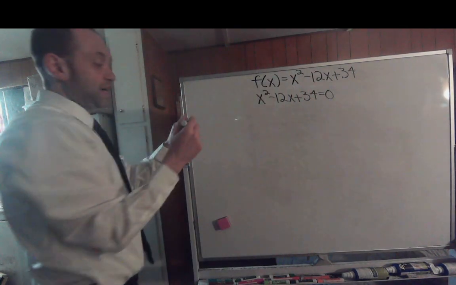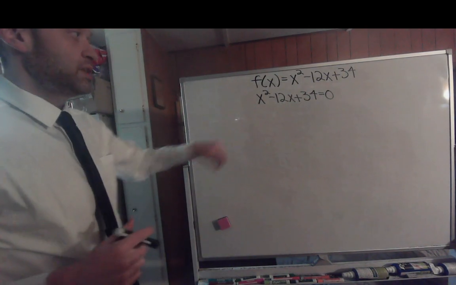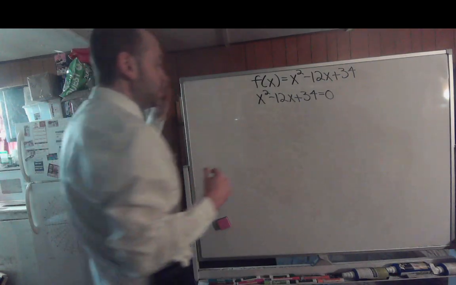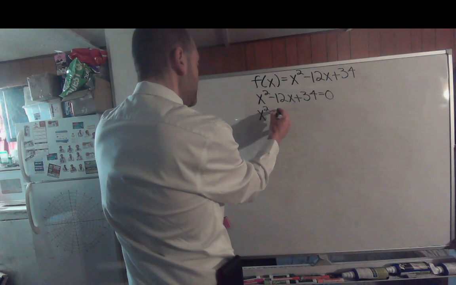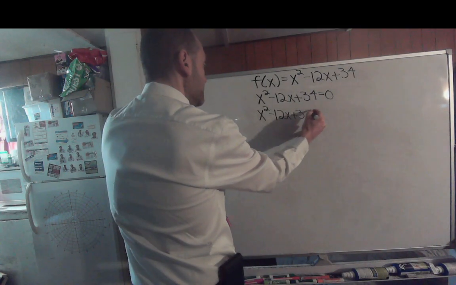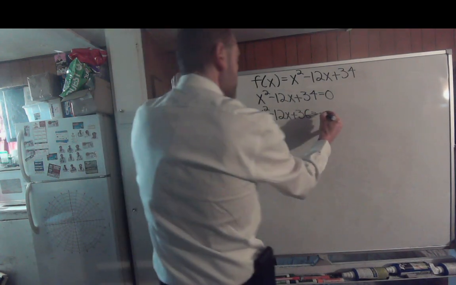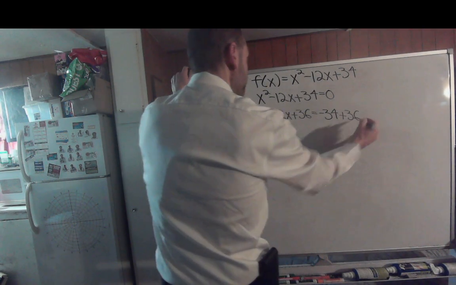Well, a second degree polynomial tells us we should have two solutions in the complex number system. So let's complete the square. This would turn into x squared minus 12x plus 36 equals negative 34 plus 36.